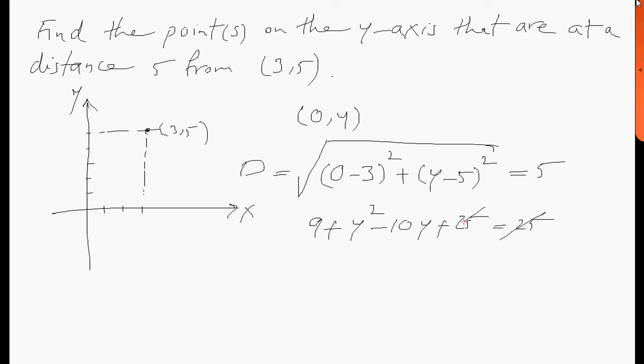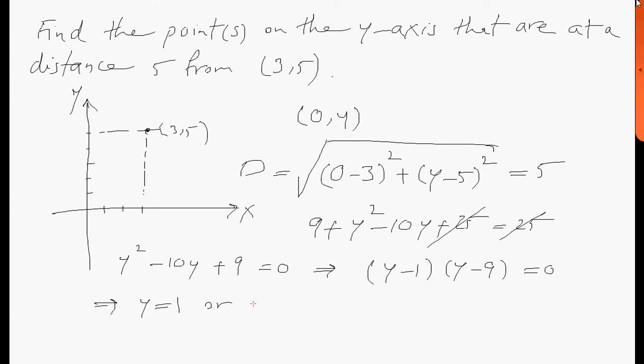Then this cancels this, so we have y squared minus 10y plus 9 is 0. This can be solved by factoring. This is (y minus 1) times (y minus 9) equals 0, and this implies that y is either 1 or 9. Okay, so we have 2 points, the point (0, 1) and the point (0, 9).